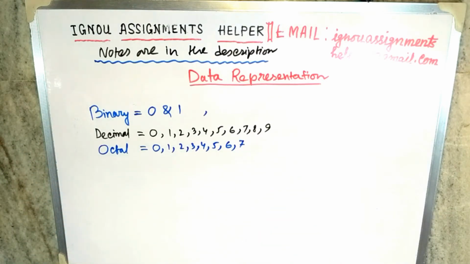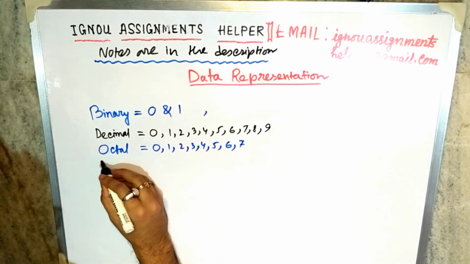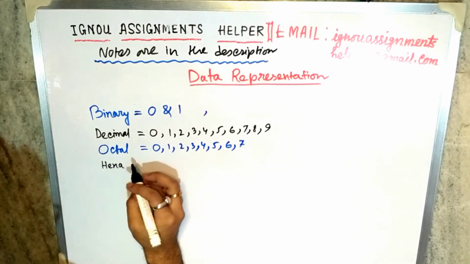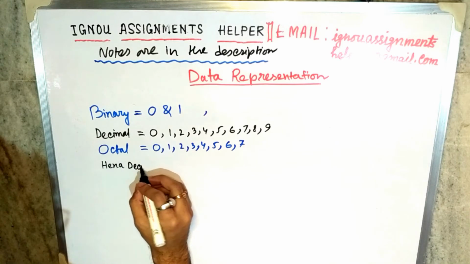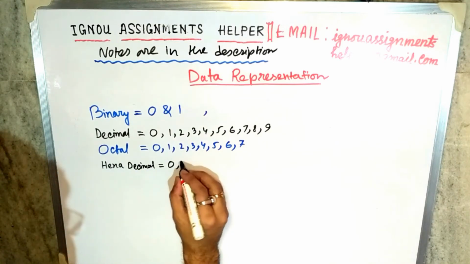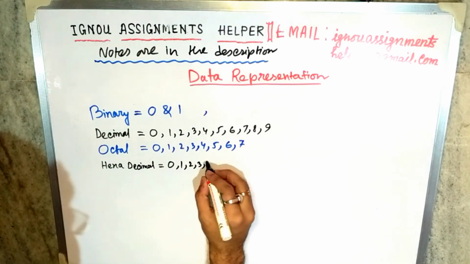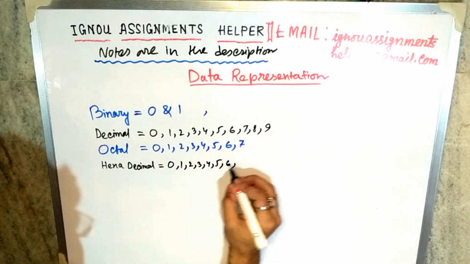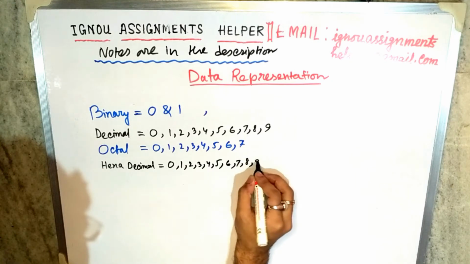And the last one is hexadecimal. The hexadecimal digits are 0, 1, 2, 3, 4, 5, 6, 7, 8, 9.